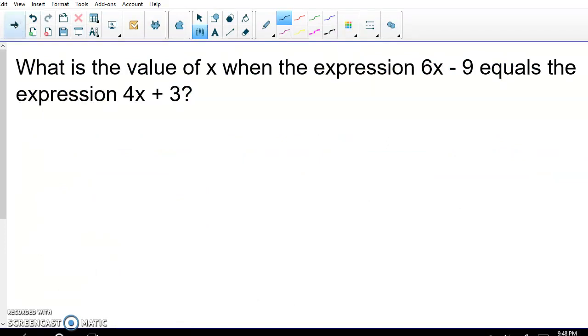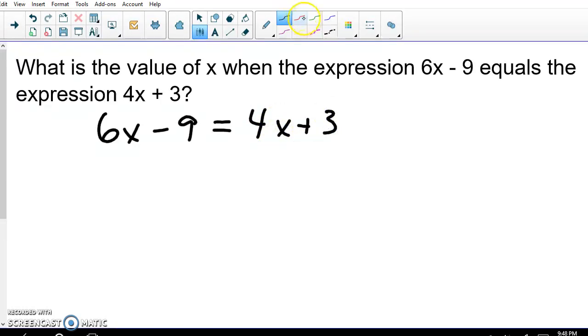Let's look at how to translate questions into equations. What is the value of x when the expression 6x minus 9 equals the expression 4x plus 3? So I'm going to take these two expressions, 6x minus 9, and set them equal to each other. So that equals 4x plus 3.